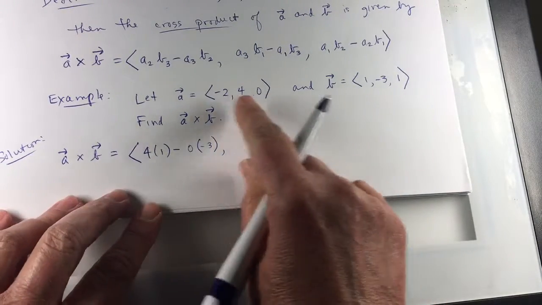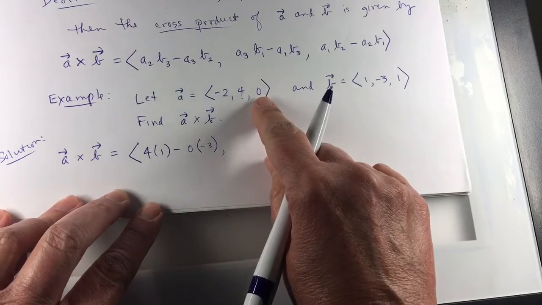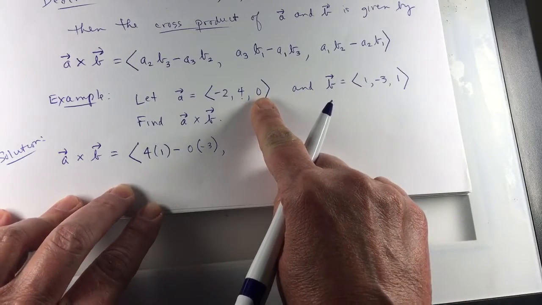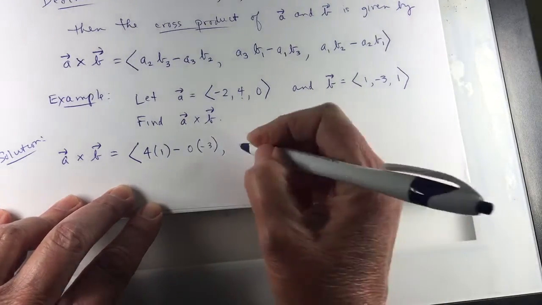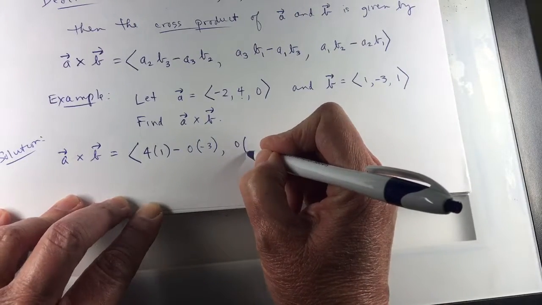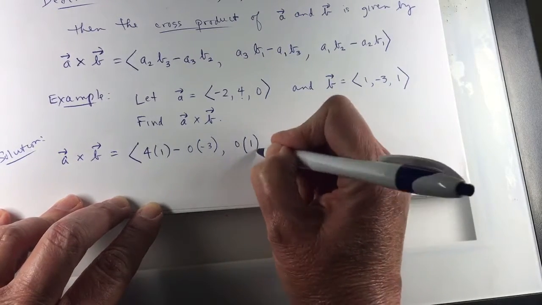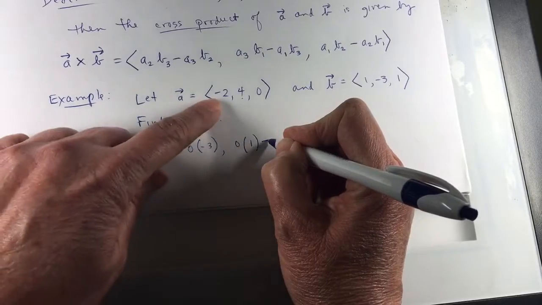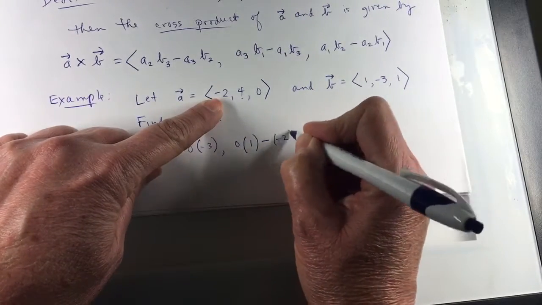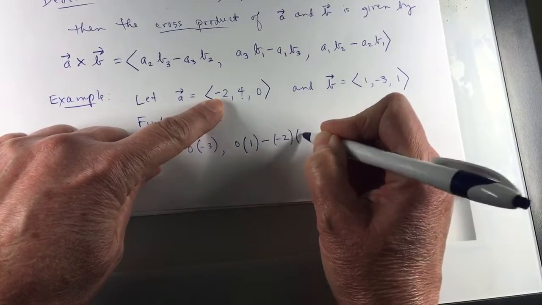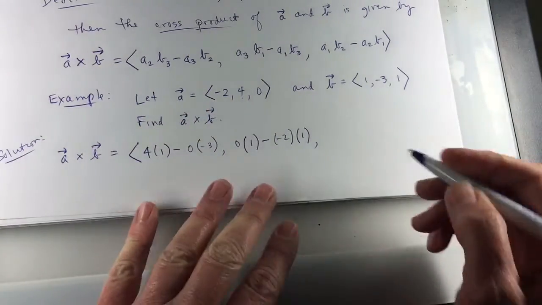Second component is A sub 3, which is 0, times B sub 1, which is 1, minus A sub 1, which is negative 2, times B sub 3, which is 1.